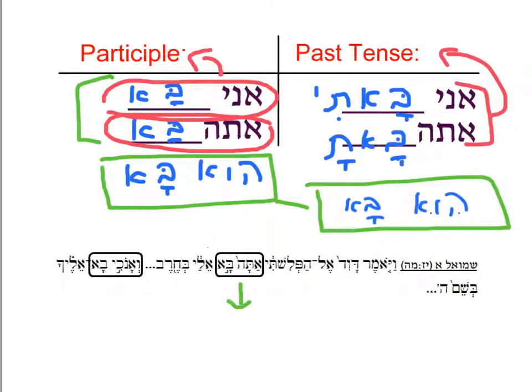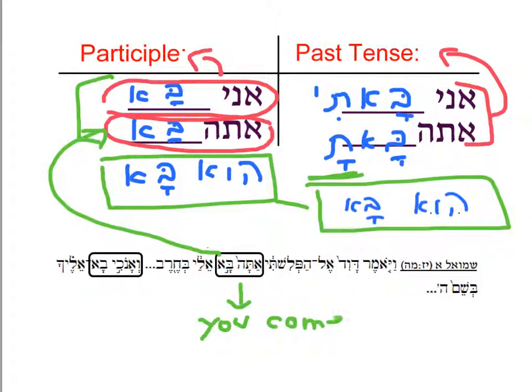Look at the chart above. Ata ba would be a participle. Had it been past tense, it would be ata ba ta. So it's you come or are coming to me with a sword. You come to me to fight with a sword is the implication.